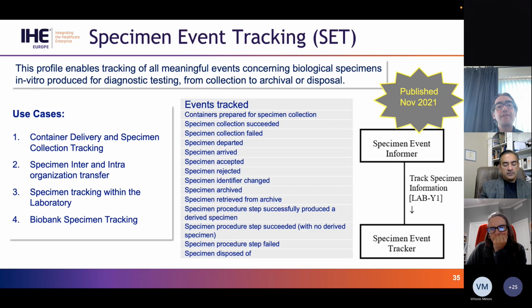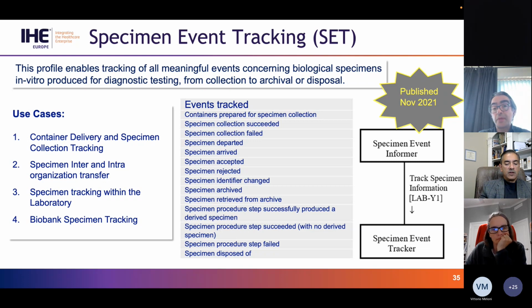For example, if in the context of LBL, laboratory barcode labeling, a label broker produces a labeled container, the event informer which is linked with this actor knows all the information about that labeled container, and can generate the corresponding event that is sent to another actor, which is the specimen event tracker.